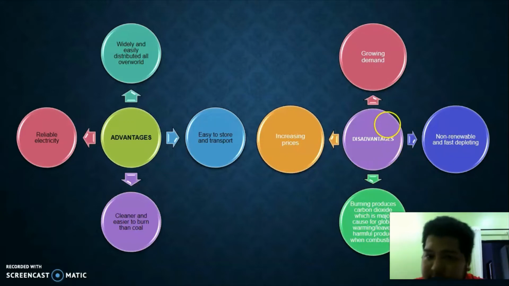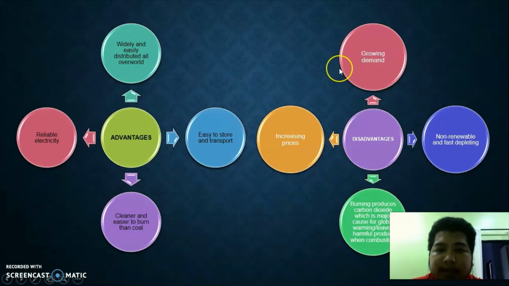Okay, for disadvantages, in a certain period of time, oil will increase in price and growing demand. Because people's increased price and growing demand will increase in future.